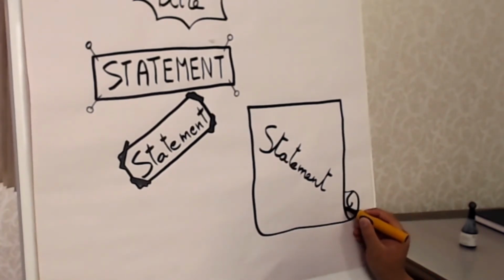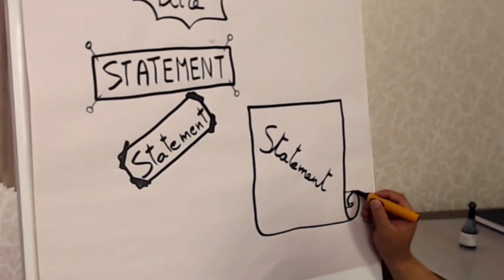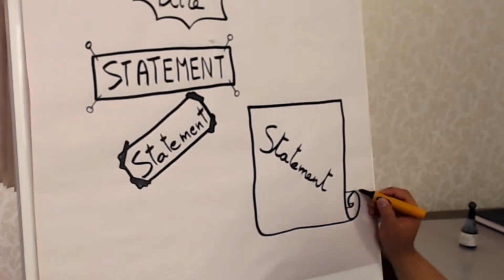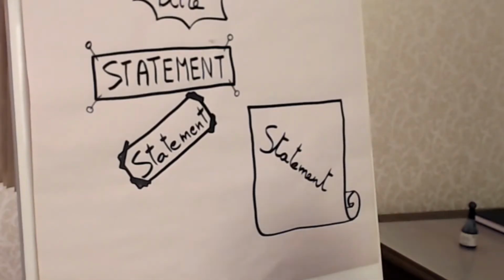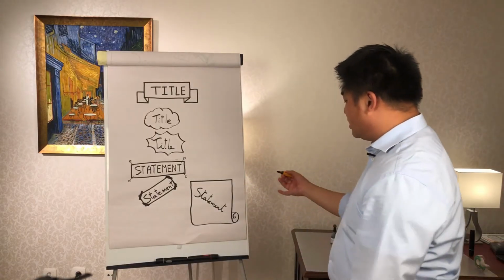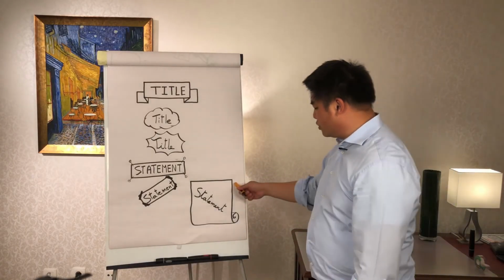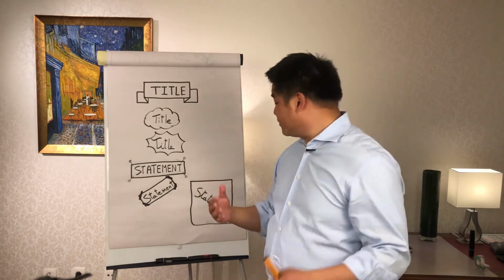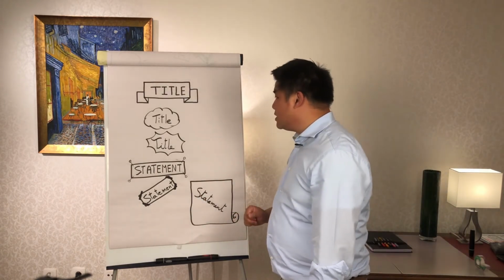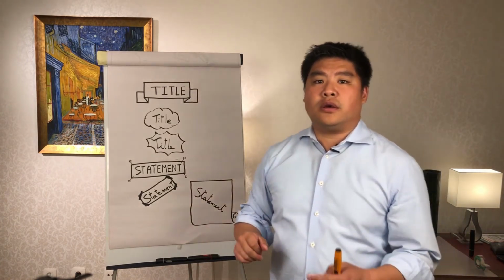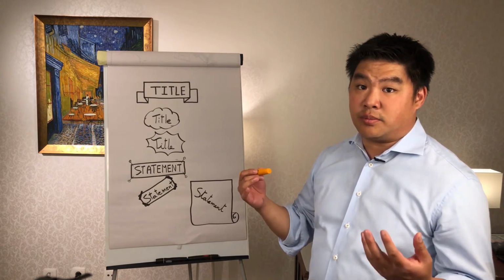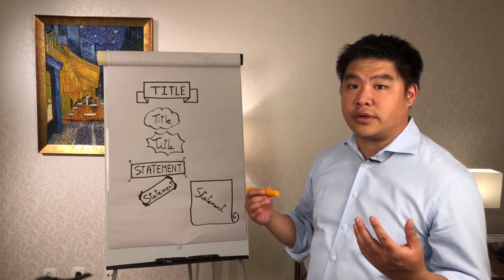Then you add some lines here to connect. You just make a horizontal line to connect. Here the same and here the same. Three lines to connect. And you get the illusion that you have a scroll. Another nice way to emphasize a statement.